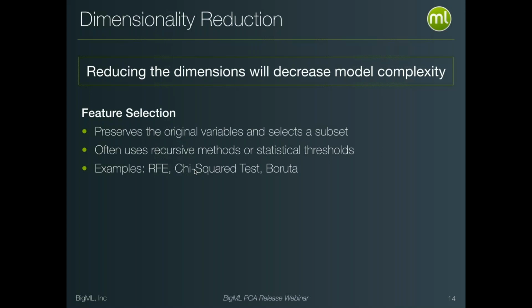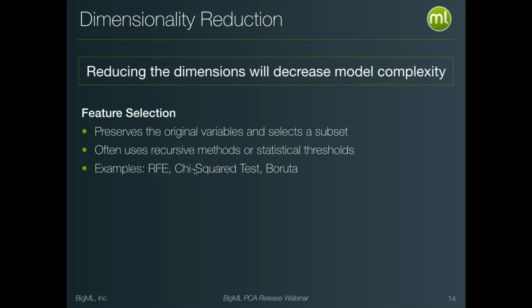These methods very often use recursive methods to select the features you would keep, or you might use statistical thresholds. Some examples of feature selection methods are recursive feature elimination, using a chi-square test threshold, or the Boruta method.